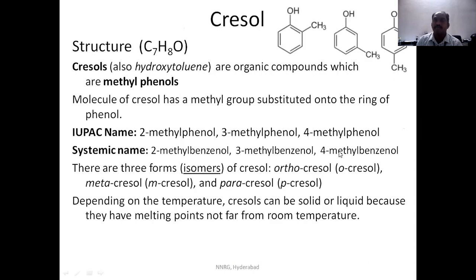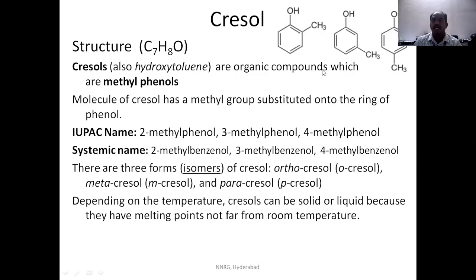Coming to the next example, that is cresol. Cresol is a derivative of phenol, a methyl substituted derivative of phenol. According to Kekule, whenever we go for disubstitution, three different isomers are produced. So methylhydroxytoluene is cresol.